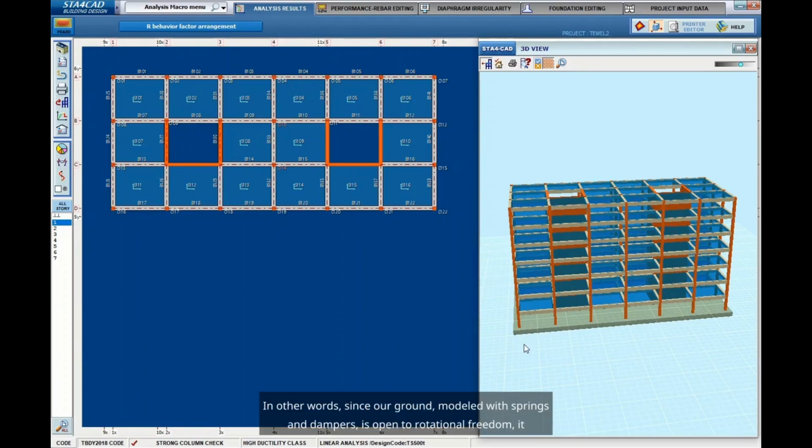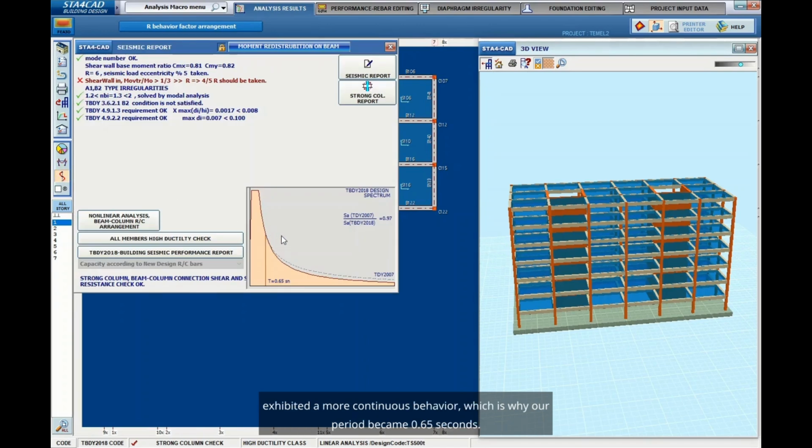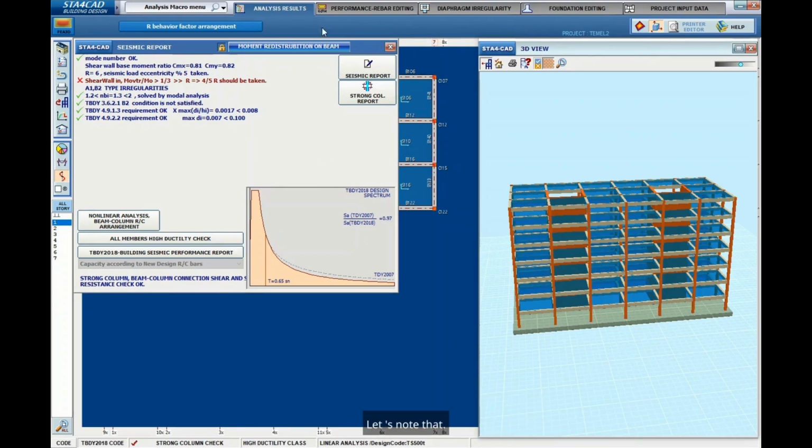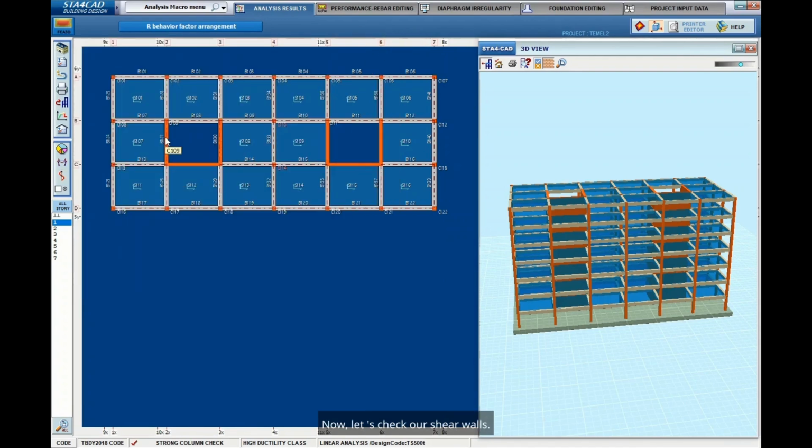In other words, since our ground, modeled with springs and dampers, is open to rotational freedom, it exhibited a more continuous behavior, which is why our period became 0.65 seconds. Let's note that. Now let's check our shear walls.